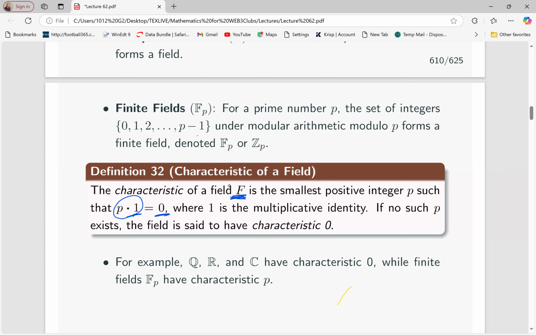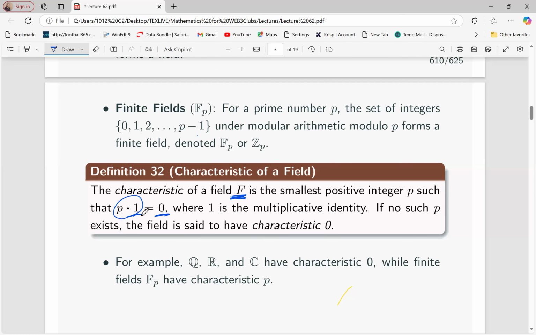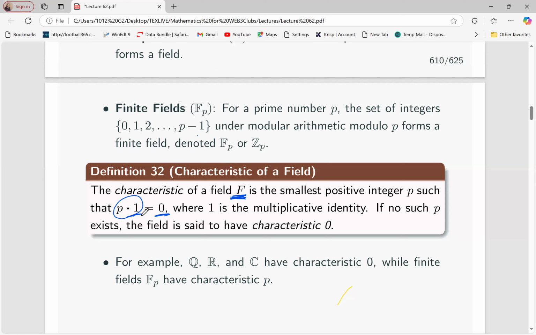That element is what we call the characteristic of a field. Of course, if that element is not there, then we say that the field has characteristic 0.